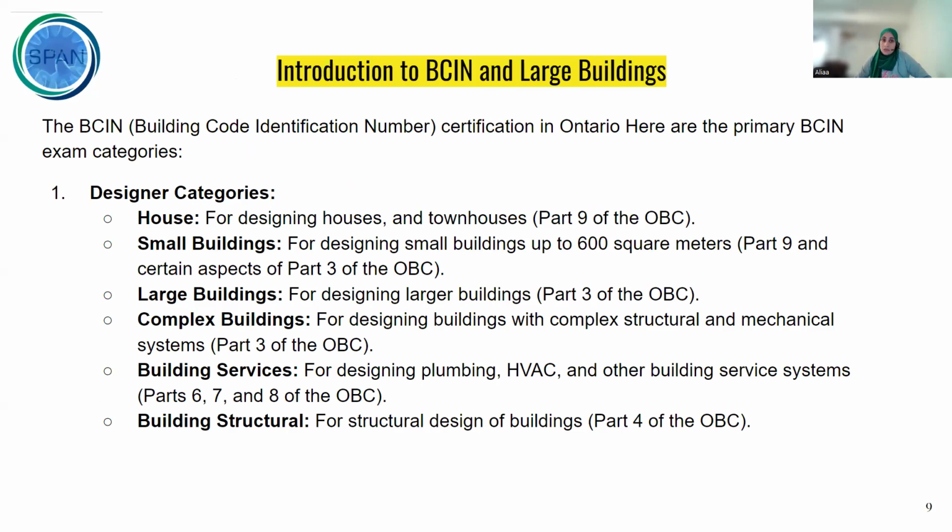First, House, for designing houses and townhouses. Part 9, Small Building, for designing all small buildings up to 600 square meters. Part 9 and certain aspects of Part 3, Large Building, which is designing large buildings. Part 3, Complex Building, designing large buildings with complex structural and mechanical systems. Building Services, for designing plumbing, HVAC, and other building services. And finally, Building Structural, which focuses on Part 4.